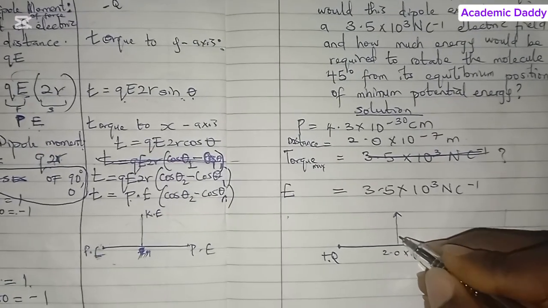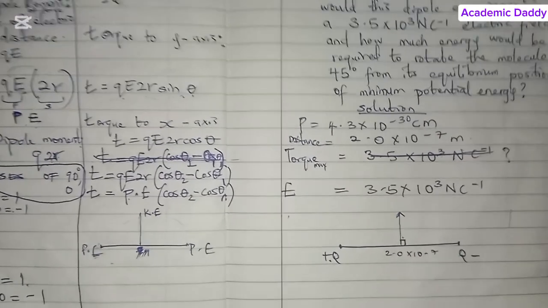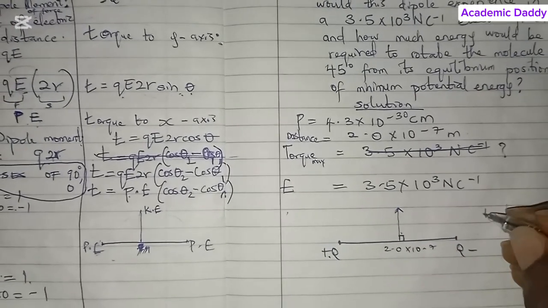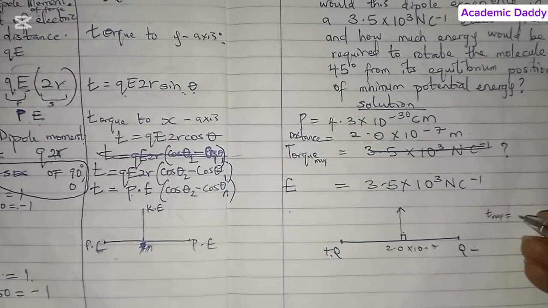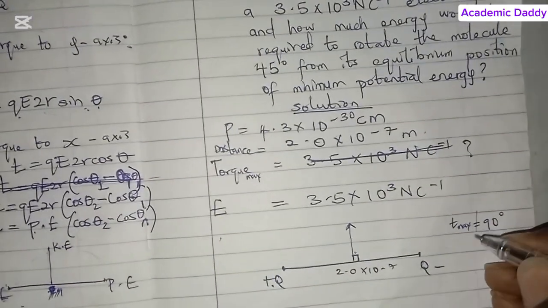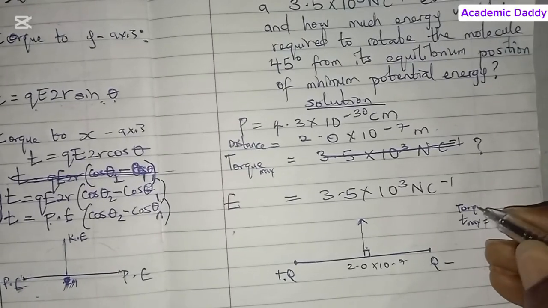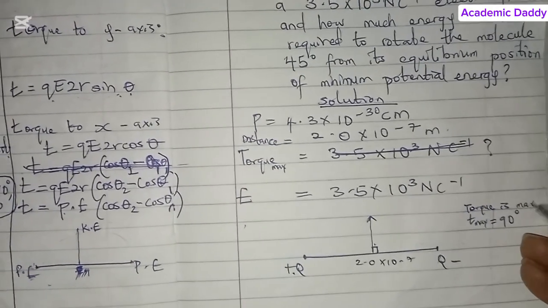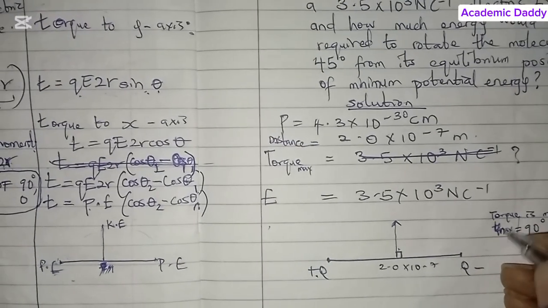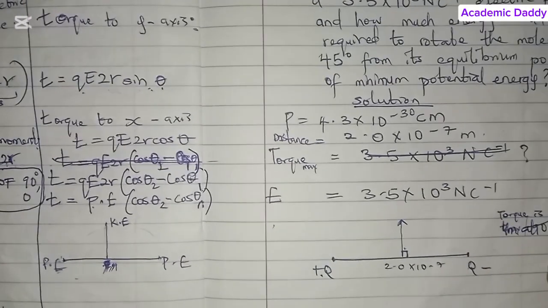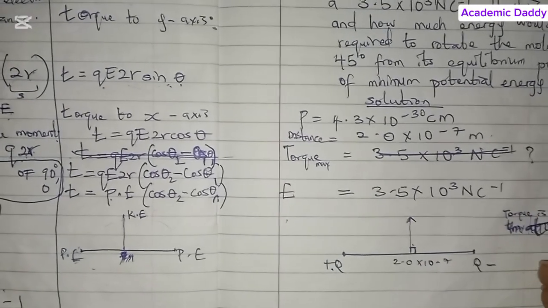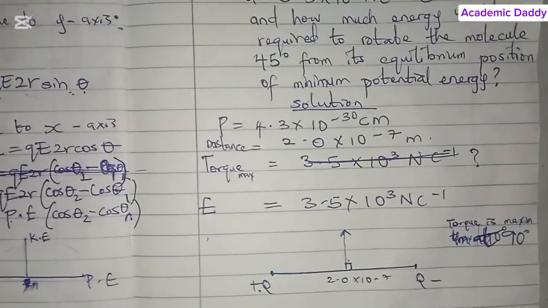The perpendicular distance will be largest when it's at 90 degrees. So torque is maximum at 90 degrees.